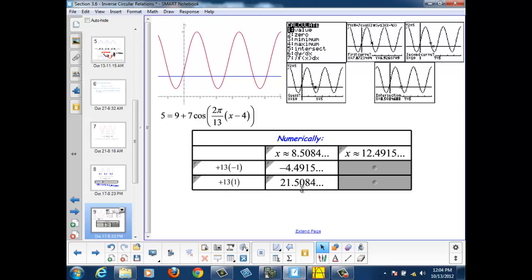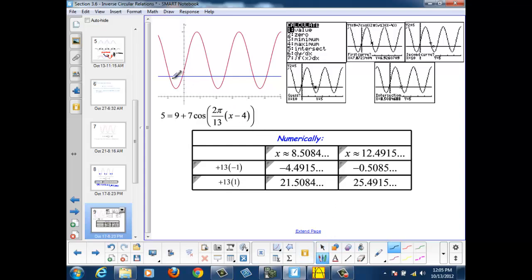So a solution at 21.5084. I can take advantage of this knowledge and find the solutions that are exactly one period to the left and right of my second solution, 12.4915. If I subtract 13, I'll get negative 0.5085. And if I add 13, I'll get 25.4915.